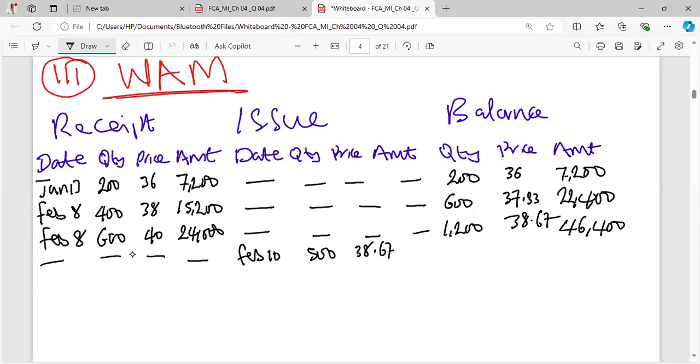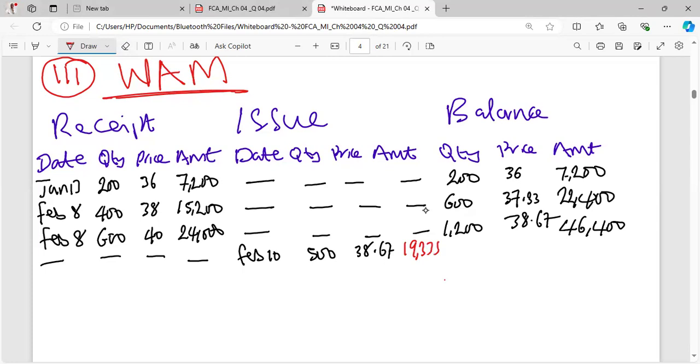So what would that be? 38.67 multiplied by 500 gives us 19,335.